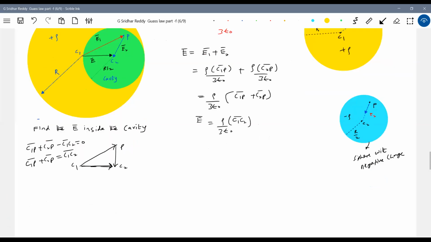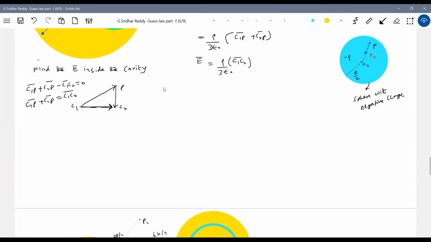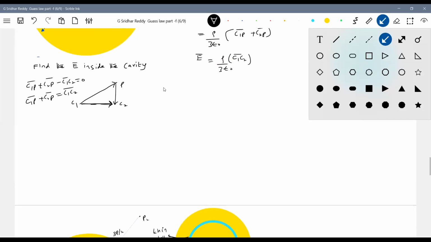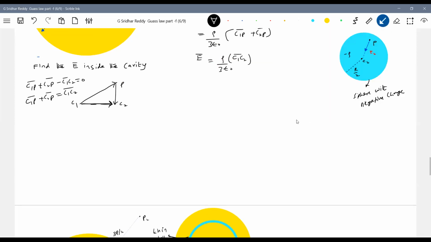I'll give one more better diagram. Now, if you have a cavity, so the cavity need not be like this.